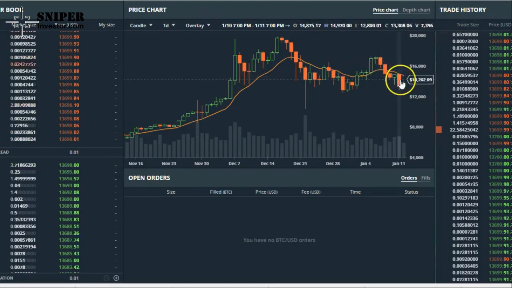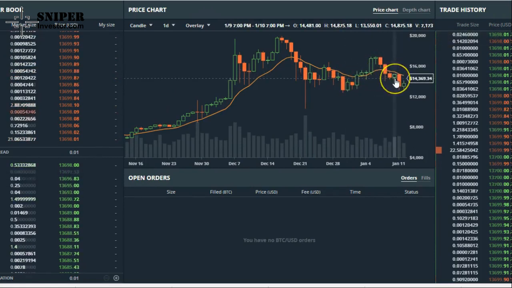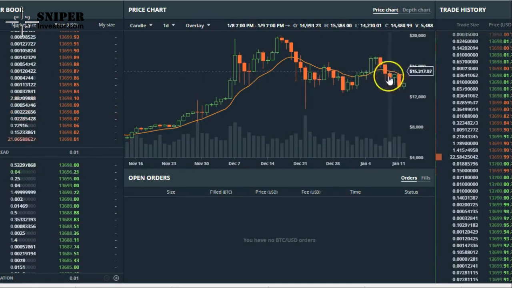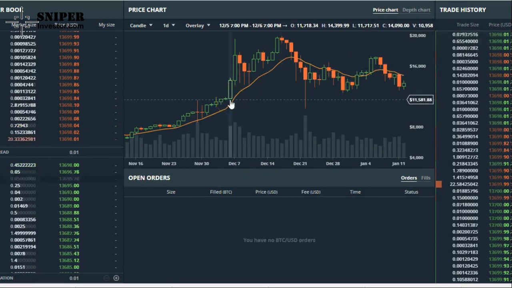As opposed to a simple moving average, an SMA, which you'll see on some platforms, where all days are weighted equally. I really like the exponential moving average because I want the more current days to carry more weight than these previous days. So this is a fantastic signal.